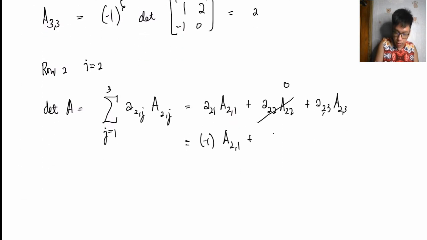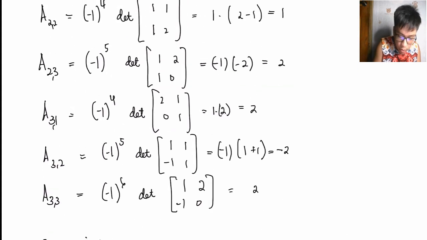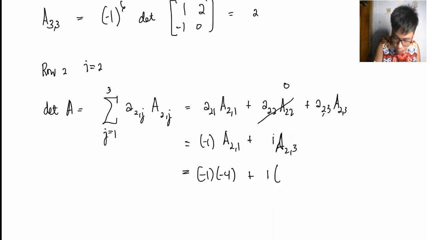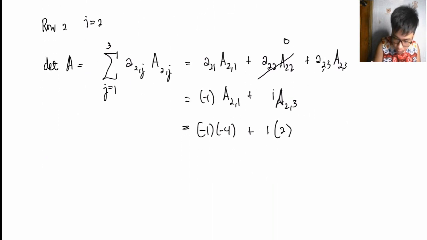So that's 1 times C23. So what is C21? Here it is negative 4. So you have negative 1 times negative 4, plus 1 times your C23 here, which is 2. So that is equal to 6.